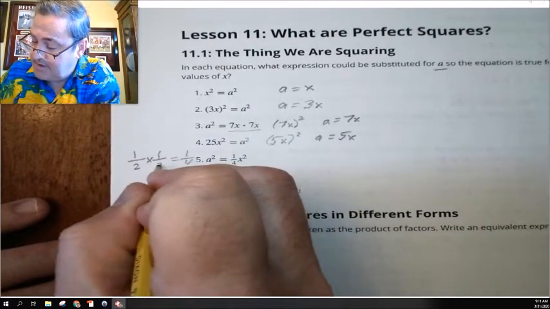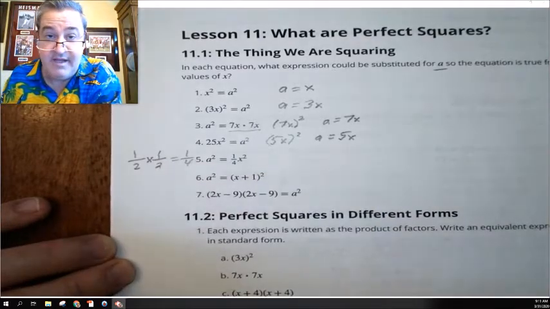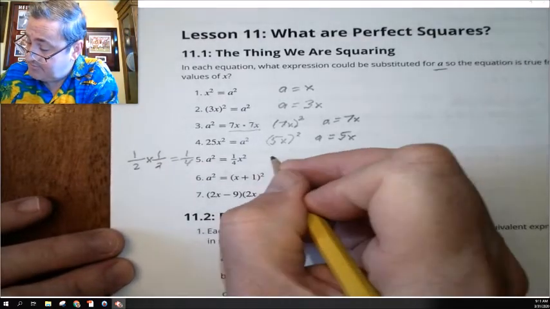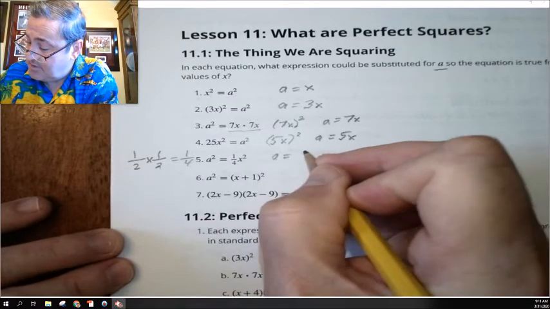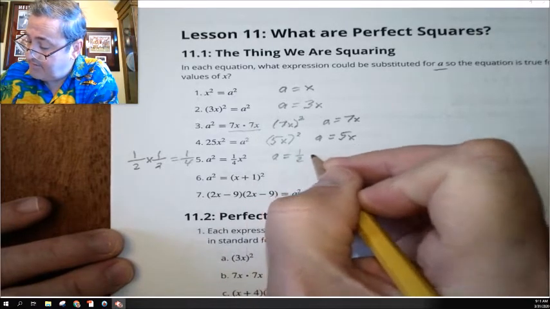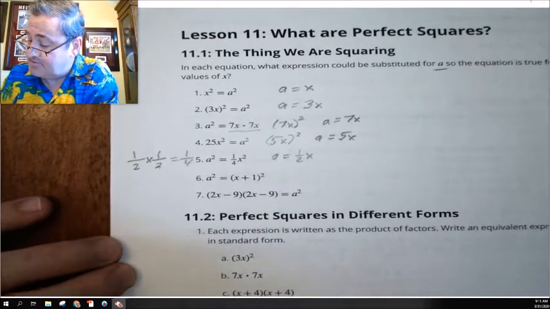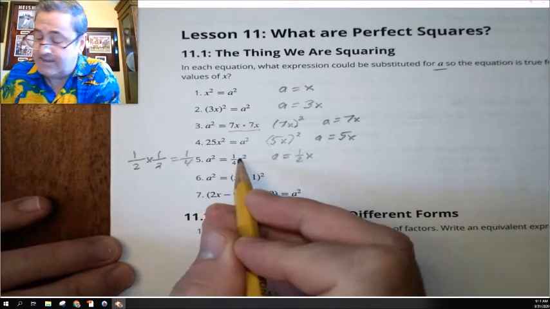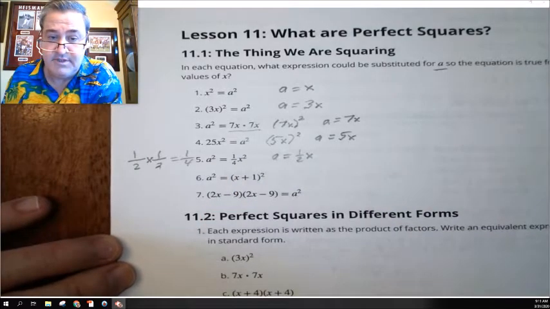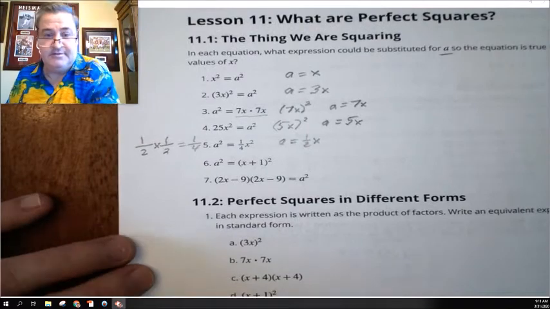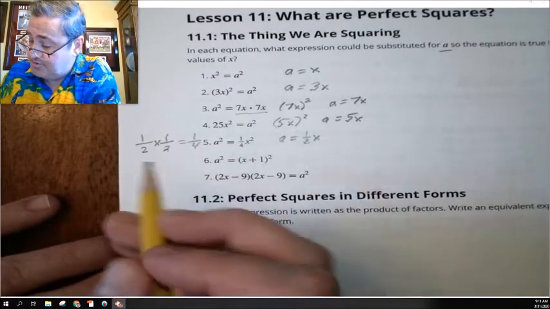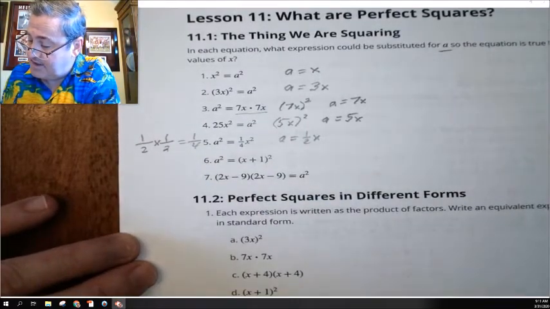So it must be 1/2 times 1/2 equals 1/4. So in this case, a must equal 1/2 x, because that's what you would square to get 1/4 x squared. And fractions aren't that bad. Just know the rules. Multiplying goes straight across, and it's not too hard to get there.